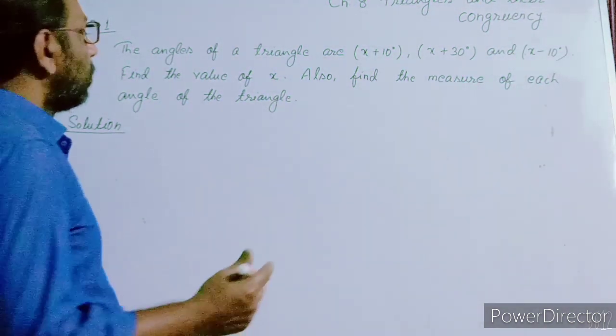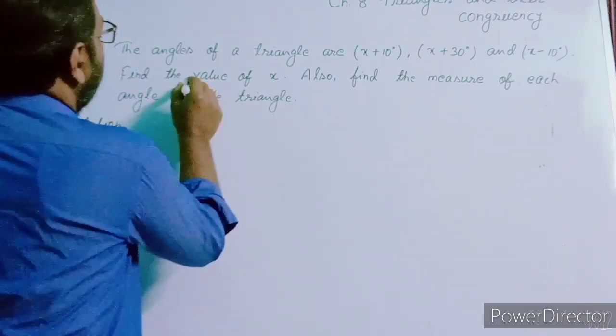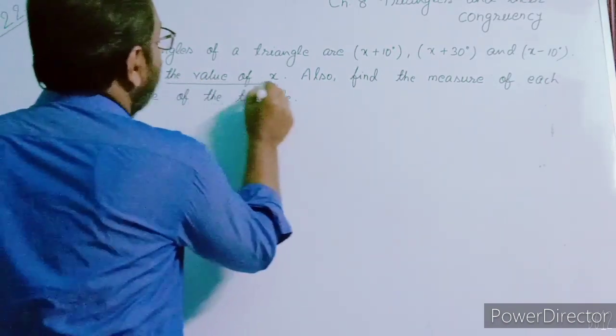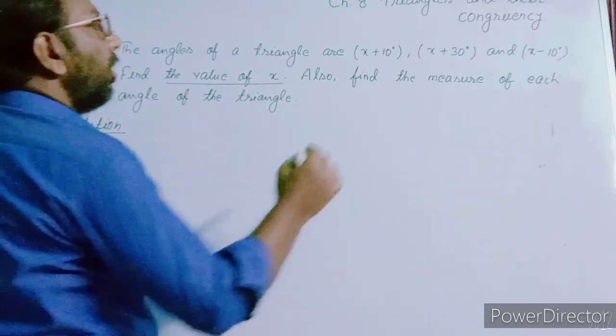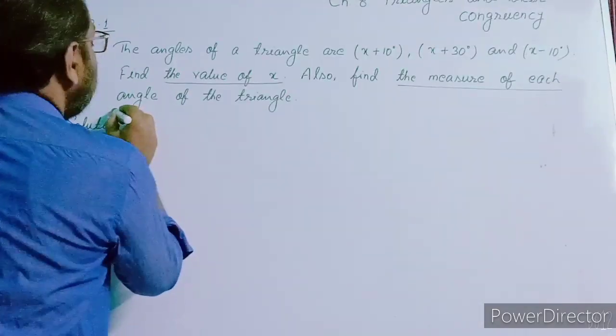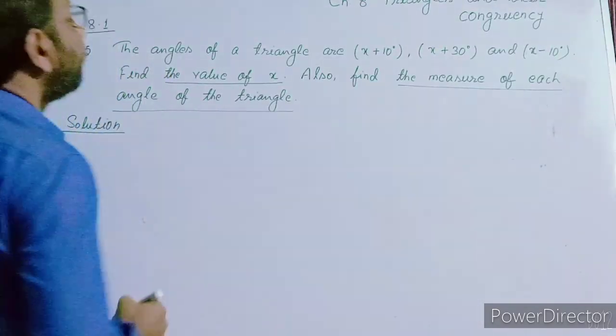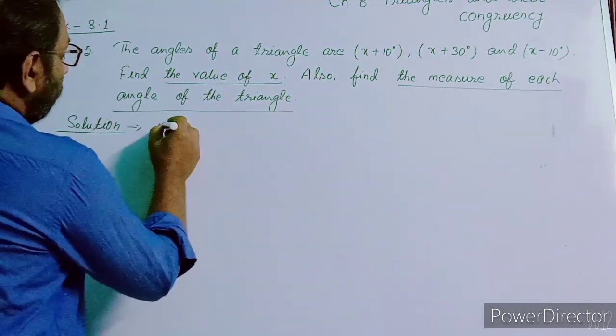So there are two questions. First question is find the value of x, and the second question is the measure of each angle of the triangle. We start the solution from here.